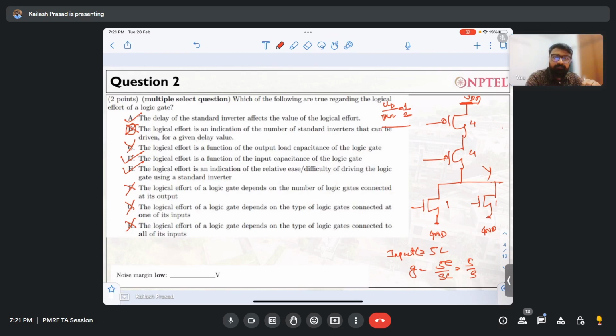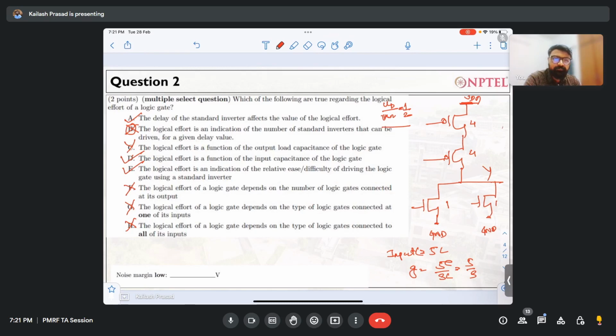Okay, actually, for a standard inverter, the width ratio is 2 by 1. Now, when we calculate the switching resistance using that equation, for PMOS, 2R by W is equal to R, where W is equal to 2. Here, the switching resistance for an individual PMOS is R by 2.